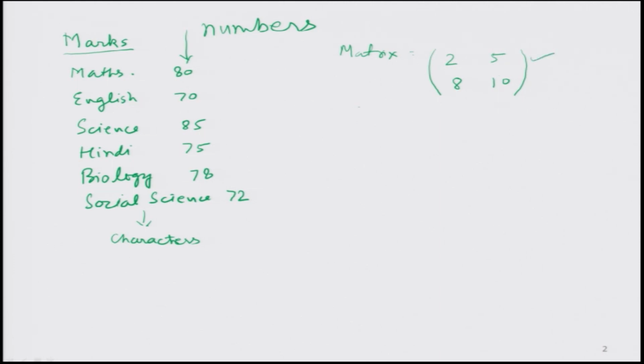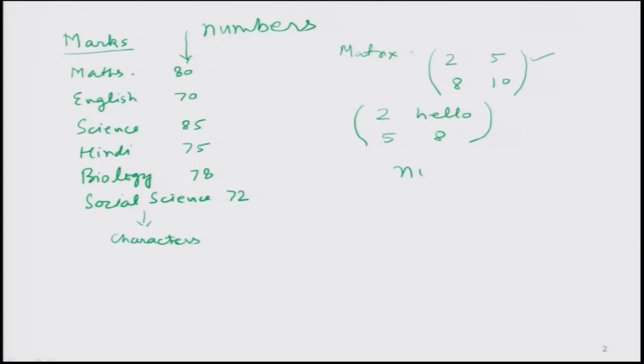Whereas, in case I write down a matrix something like 2 and here I write hello and here 5 and here 8, then will you call this a matrix? Well, one can call it that, but you cannot operate any mathematical operators over this matrix.